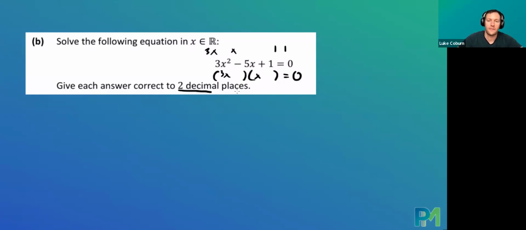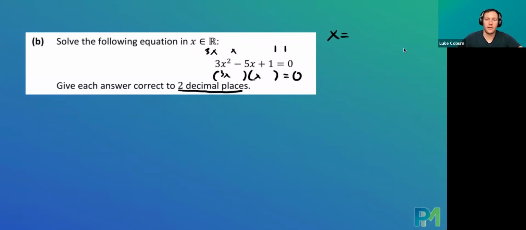But the 2 decimal places basically means these numbers would have to be decimal numbers, and we're never going to guess those. So this 2 decimal places is a signifier telling us that we have to use the quadratic formula. They don't say use the quadratic formula, they say correct to 2 decimal places.